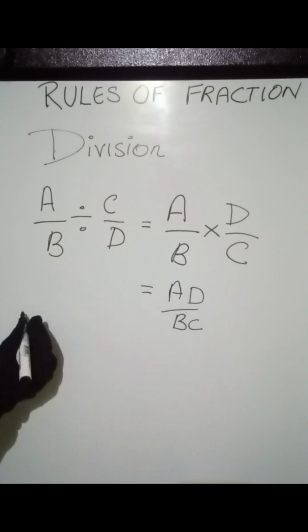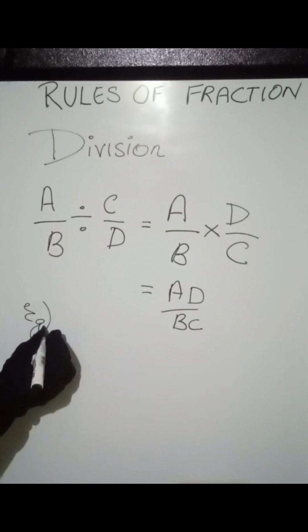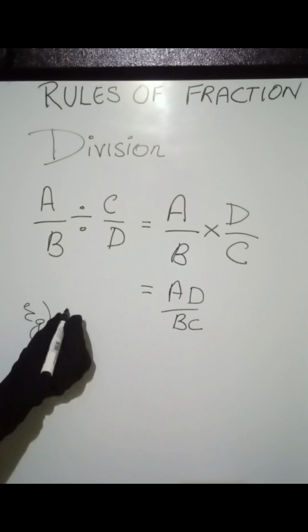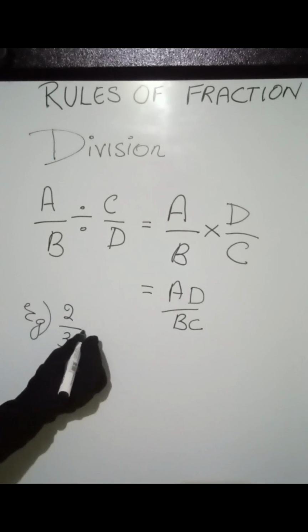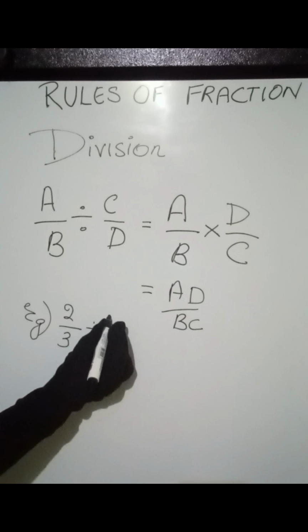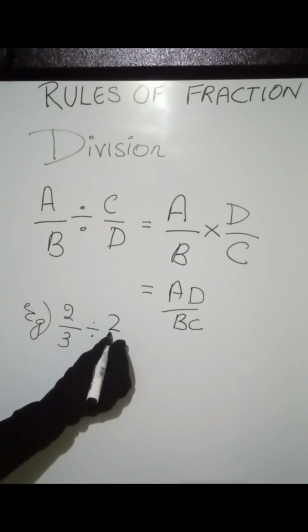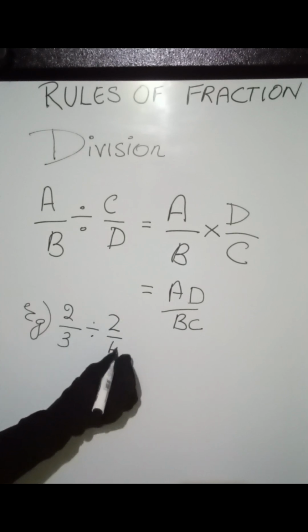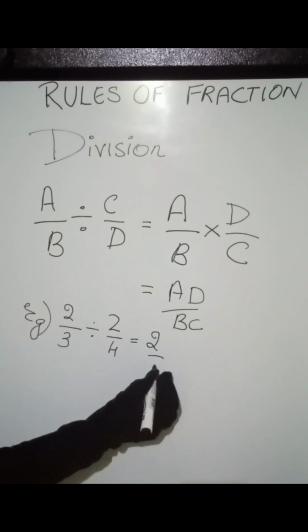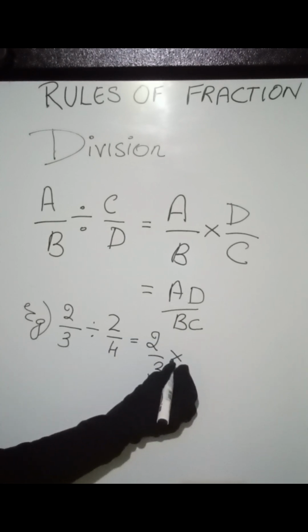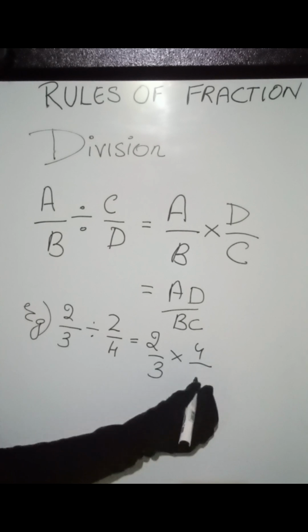So let's consider an example. For example, if you have 2 by 3 divided by 2 by 4, then this will be equal to 2 by 3 into 4 by 2.